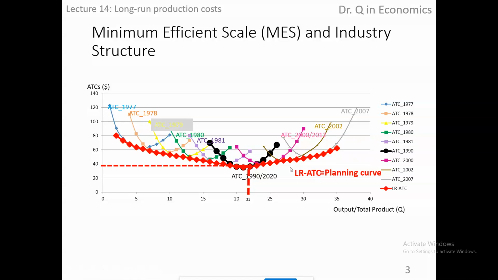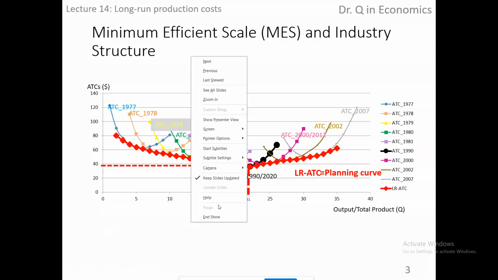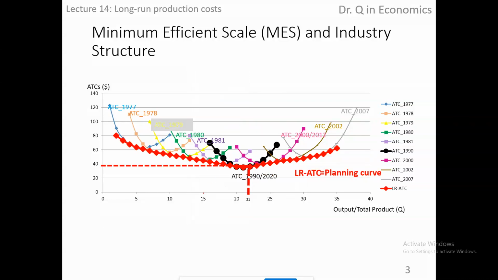For example, if the firm wants to produce 15 units of output, it had better produce at the firm size illustrated by the green short-run average total cost curve, or the 1980s firm size, to minimize costs.